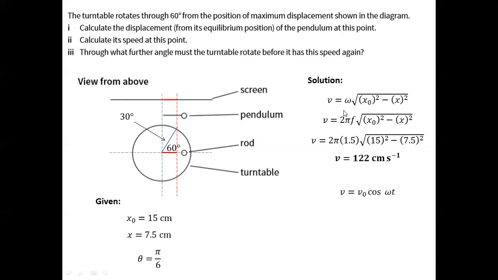Which means the maximum speed is given by omega times x sub 0. Now, omega t over here is simply this angle. Substituting the given values, and evaluating this, we will obtain the same value for the speed, 122 centimeters per second.